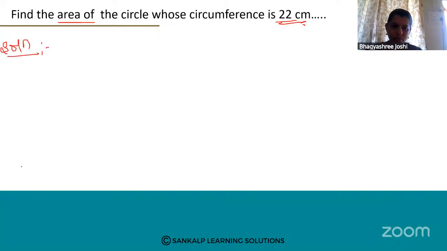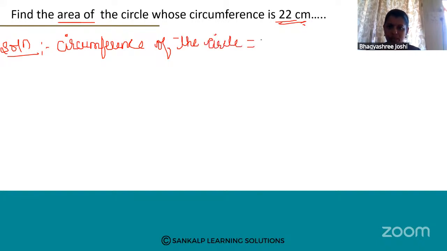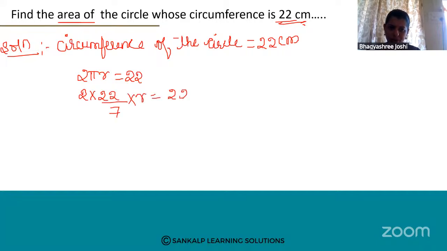So the circumference of the circle is 22 centimeter. And we know the formula of circumference is 2 pi r. So 2 pi r is equal to 22 centimeter. Next, 2 into the pi value, 22 divided by 7, into r, which we don't know, is equal to 22.